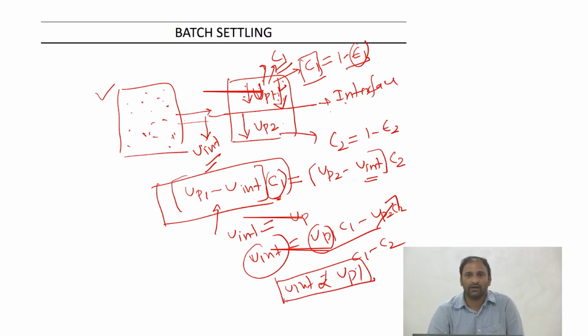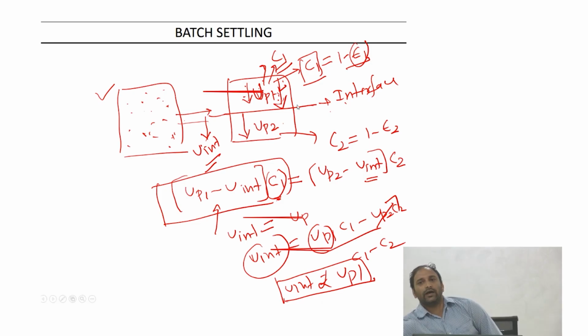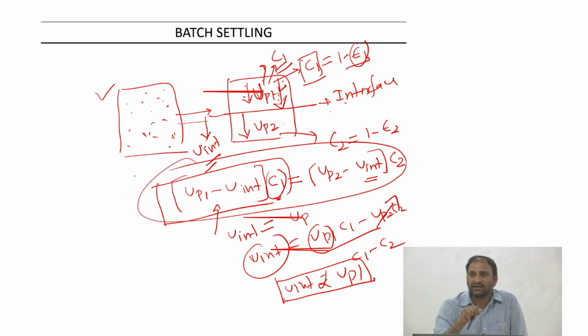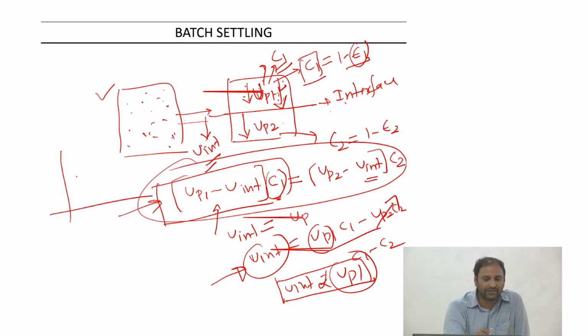Therefore if you just monitor u_int, that is the interface velocity, I can directly calculate the particle settling velocity. So if you have an interface between the clear fluid and a zone with particles of some concentration, I can use this formalism, the mass balance, to get an expression for u_int and calculate the settling velocity just by monitoring the interface velocity.